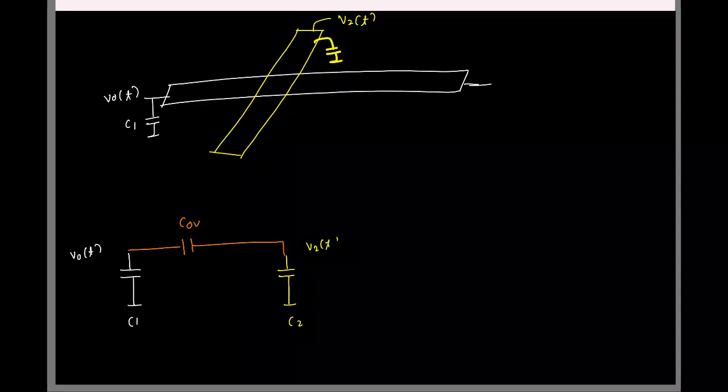Fine. So now any variations in this signal V2, that is going to get coupled to our output. And what is the fraction of V2 that will couple to the output? Yeah, it's going to be the capacitive division, COV by COV plus C1 times V2 of t. Okay. So again your output is getting disturbed if there is some other interfering signal passing nearby.